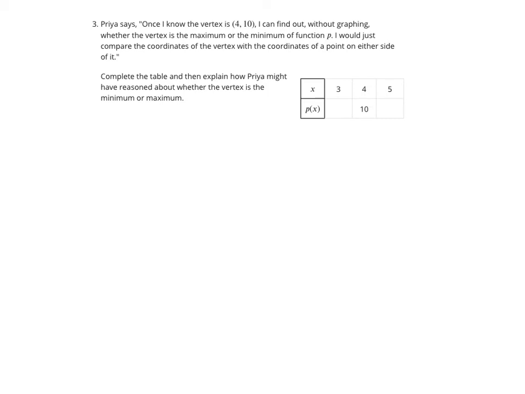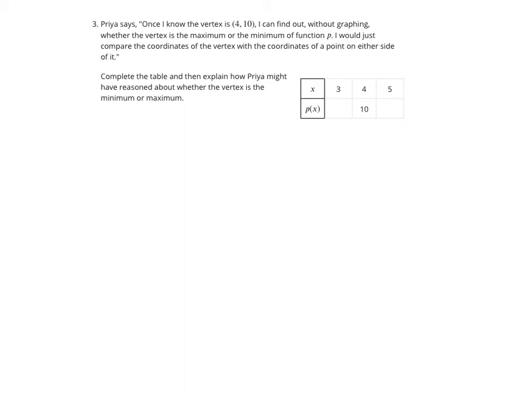All right, so Priya says, once I know the vertex is 4, 10, I can find out without graphing whether the vertex is the maximum or the minimum of function p. I would just compare the coordinates of the vertex to the coordinates of a point on either side of it. That's true.